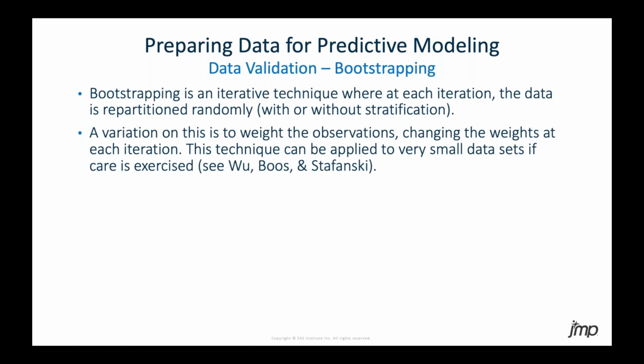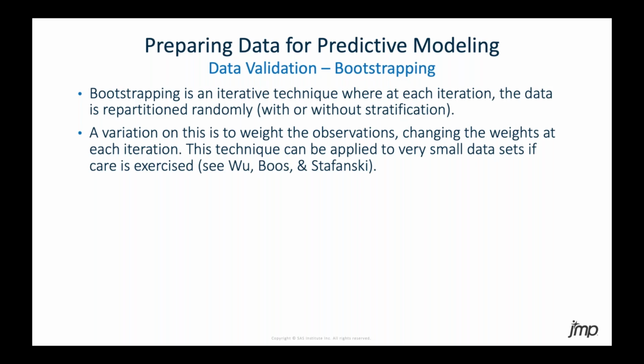One variation on this is to weight the observations, changing the weights at each iteration. Now, I can't go into a lot of detail on how this is done and why, because the weighting schema in this particular case is particular. I do reference this paper at the very end of my talk, and the technique I'm going to be talking about is due to Wubuz and Stefanski.